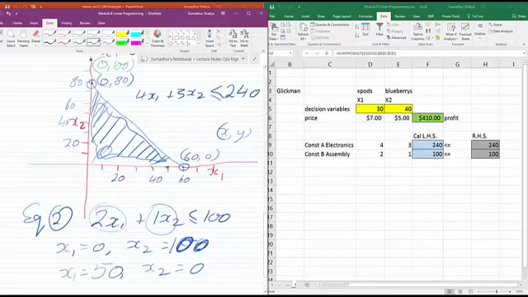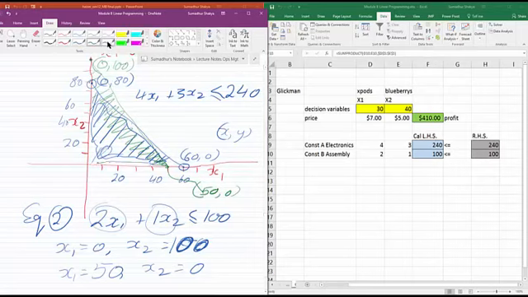So this point is 50, 0. If I join these, anything towards the origin is the area that is feasible based off of this constraint.